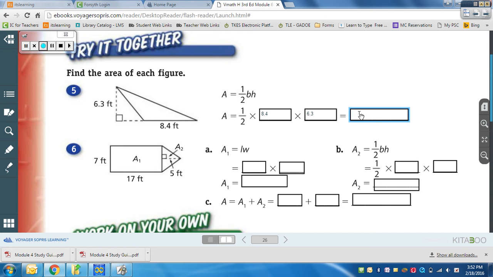So the area of this triangle is 26.46 feet squared.